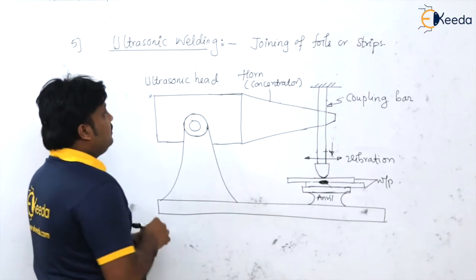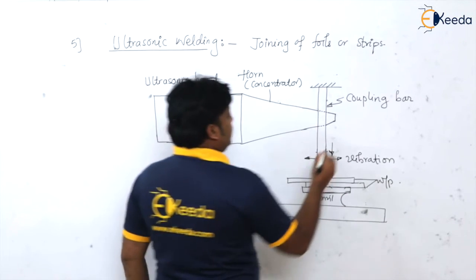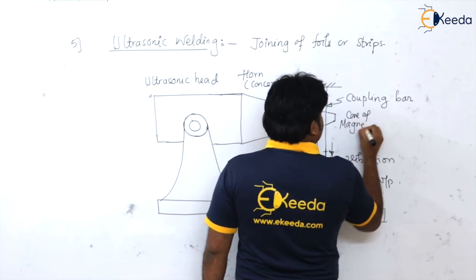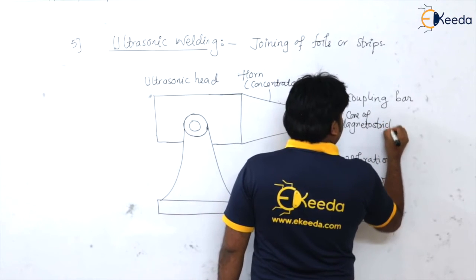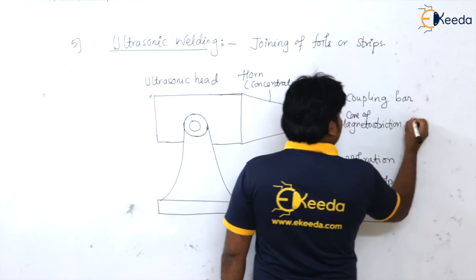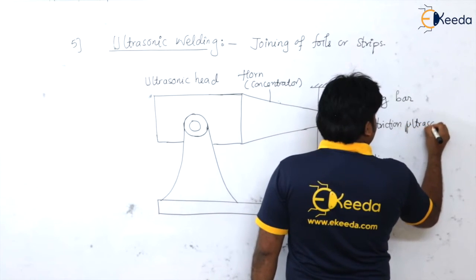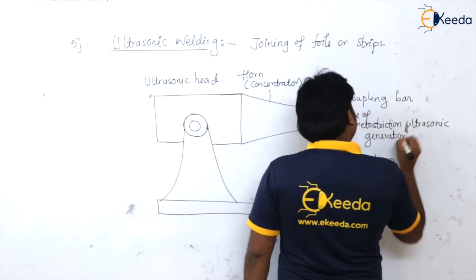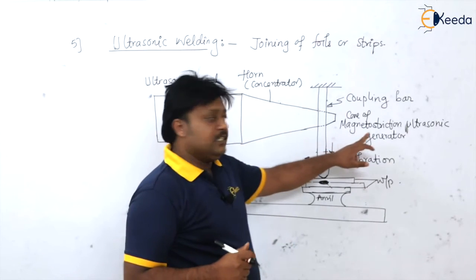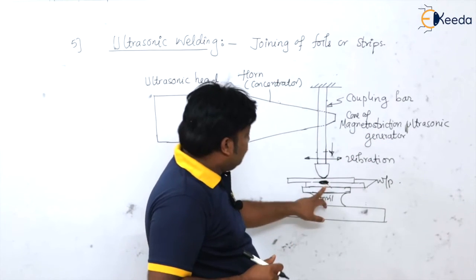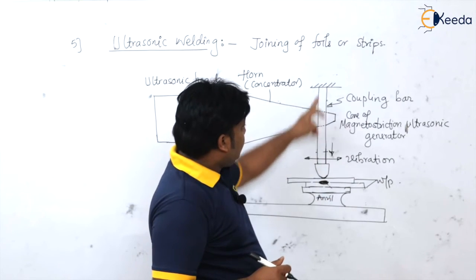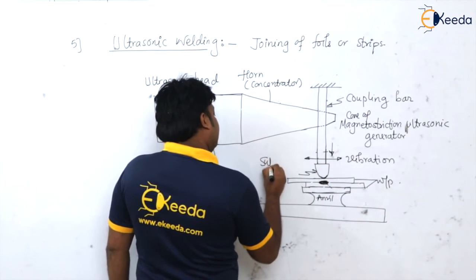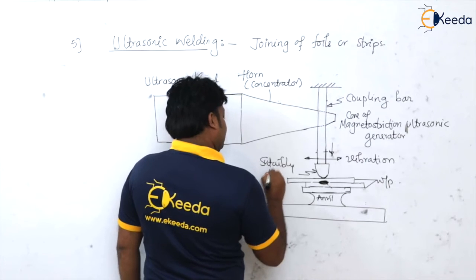Okay, so see here the magnetostriction. Here the core of the magnetostriction ultrasonic generator is coupled with the work by using this coupling rod having a suitably shaped tip.